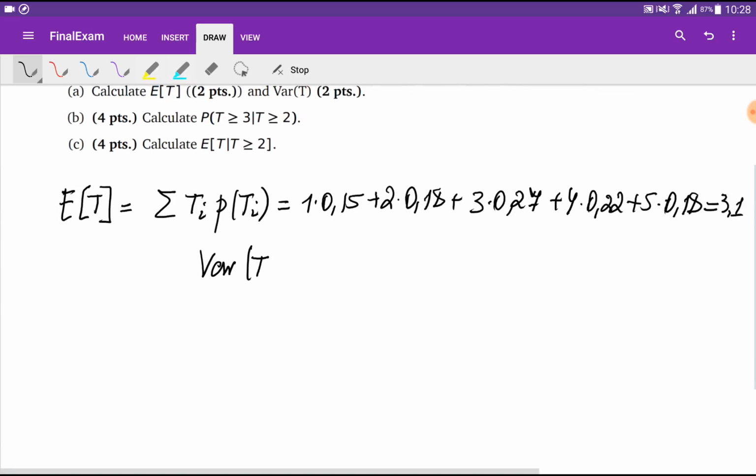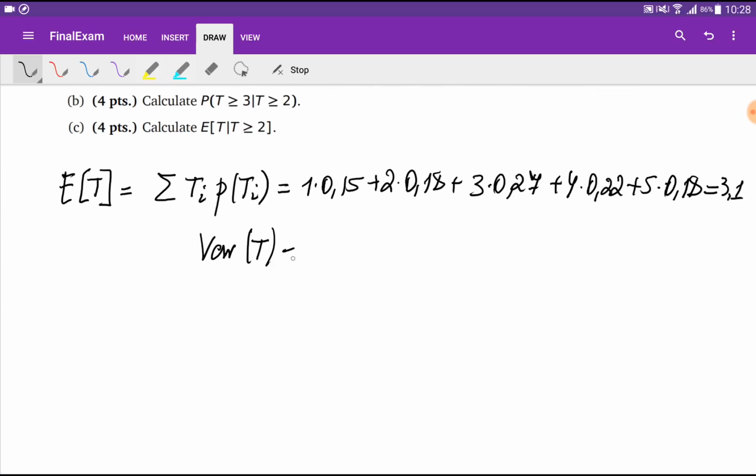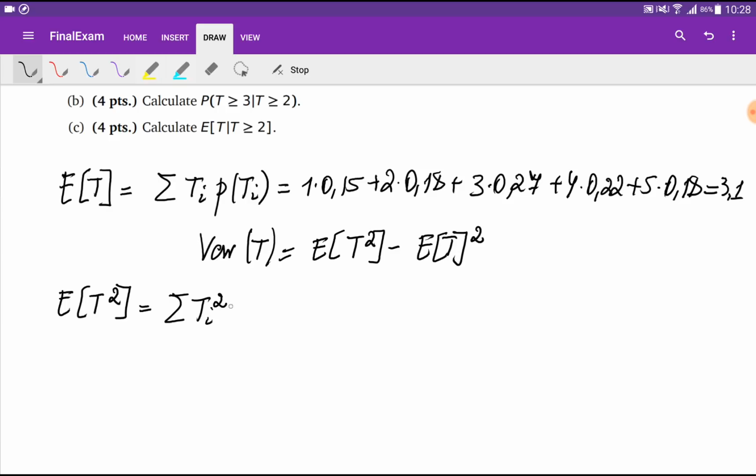So the variance of T is equal to the expected value of T squared minus the expected value of T, squared. In order to evaluate the expected value of T squared, we are going to use the formula of the expectation of a function of the random variable. This is going to be equal to ti squared multiplied by the probability of ti.